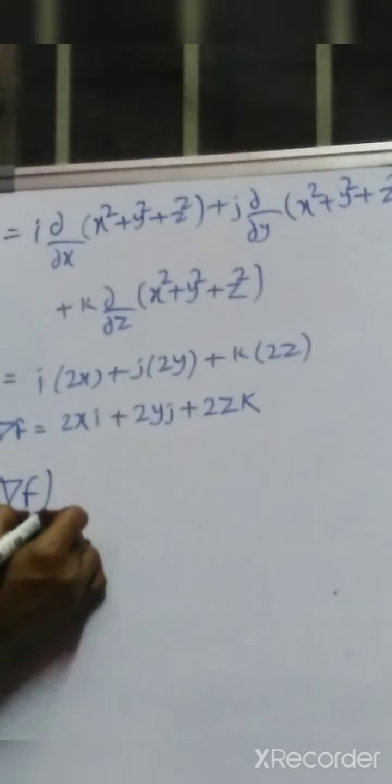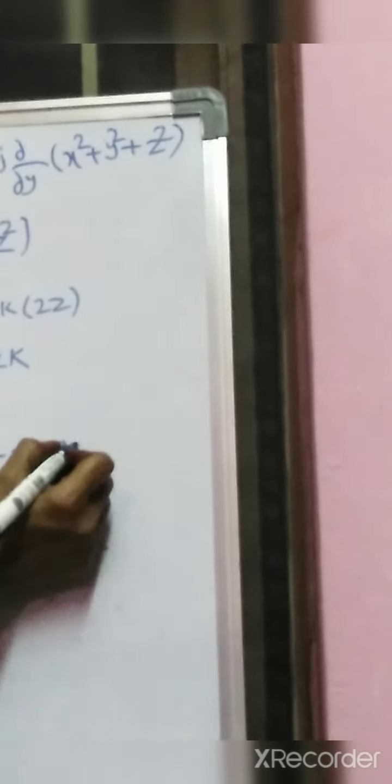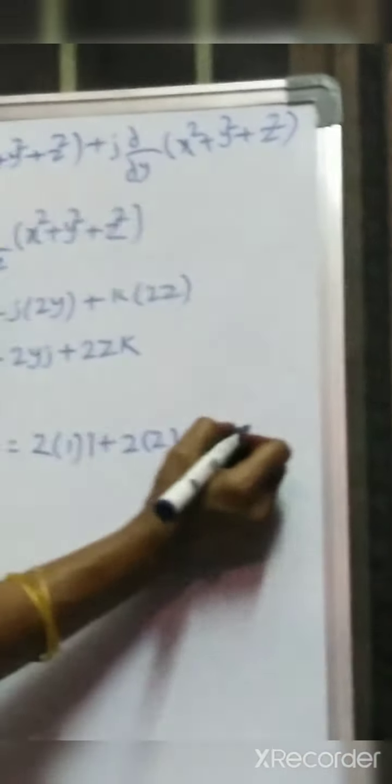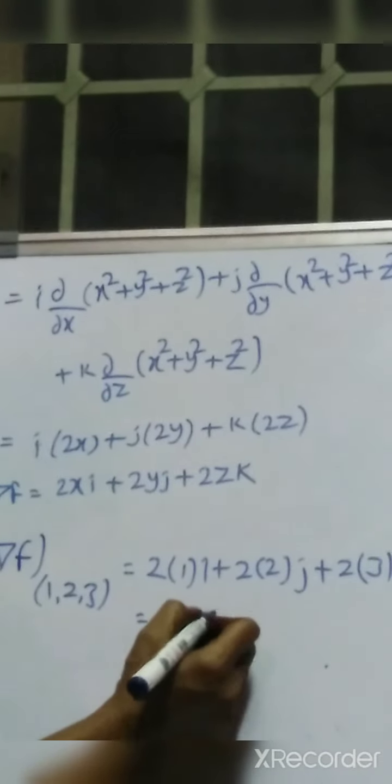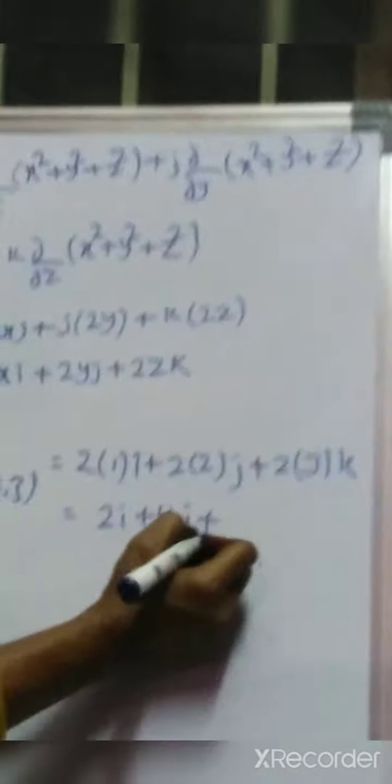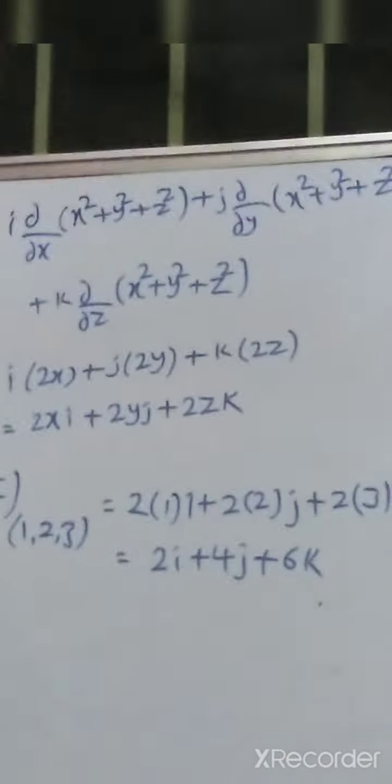At the point 1, 2, 3, x is 1, y is 2, z is 3, so that is equal to 2i plus 4j plus 6k. The direction vector is 2i plus 3j plus 6k.